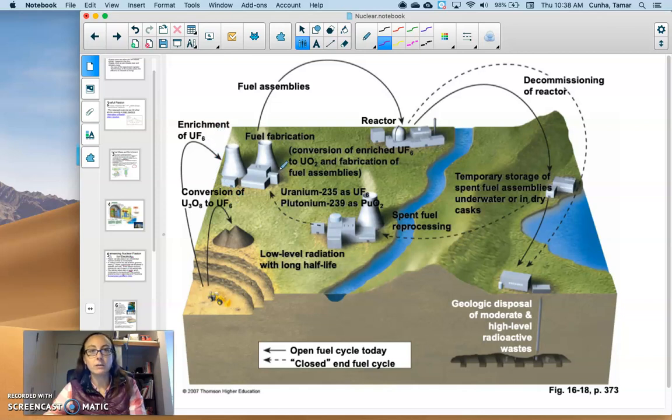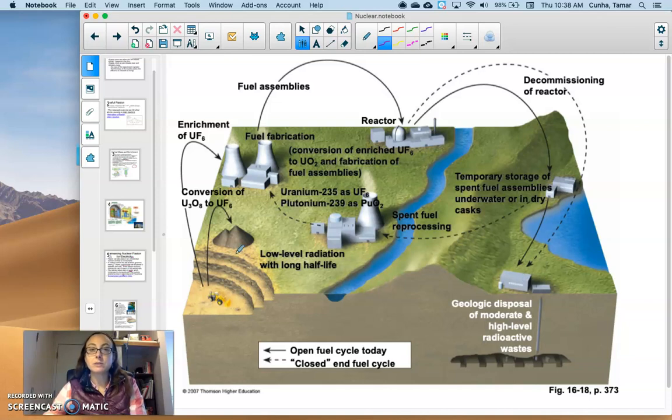So we have a facility for enrichment, and then once the fuel rods are created, then those are sent to reactors, and after the fuel has been used long enough and is considered spent, it's either stored there or, depending on the region, it might be stored in a temporary facility, ideally, or the plan was for it to be stored long-term in geologic reserves, but as we said, that hasn't really happened.